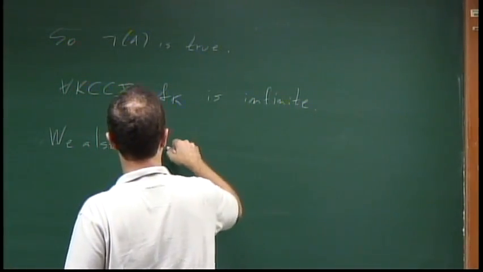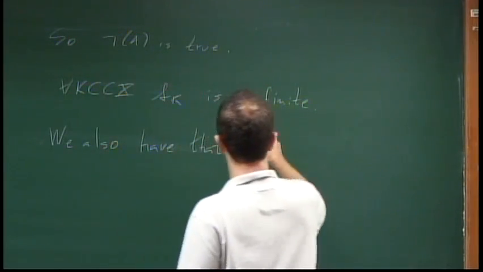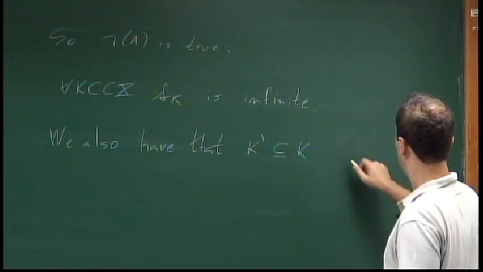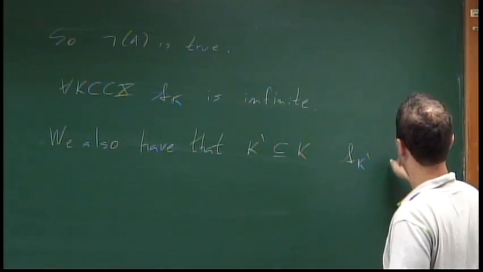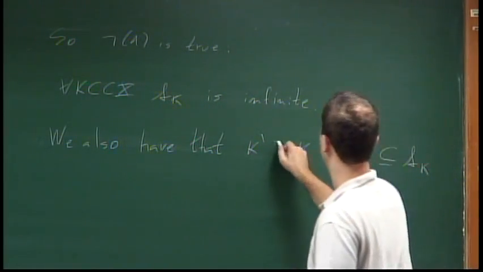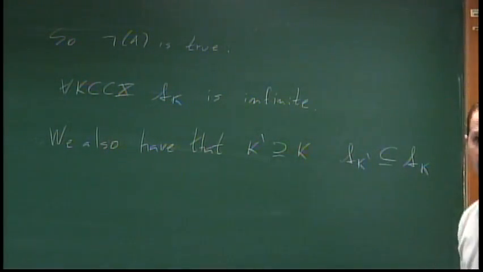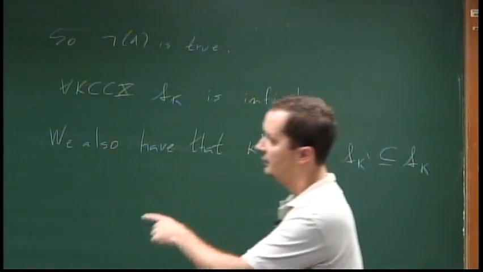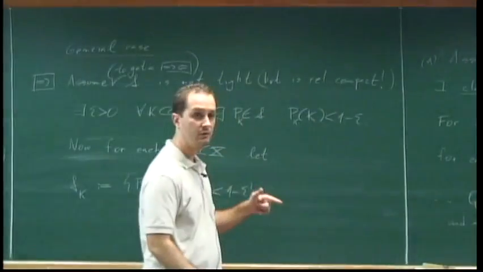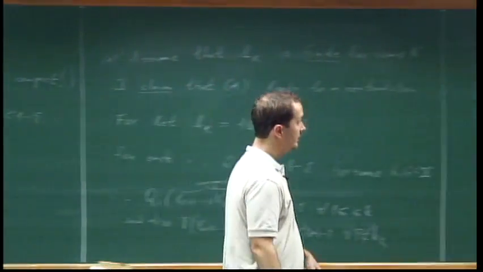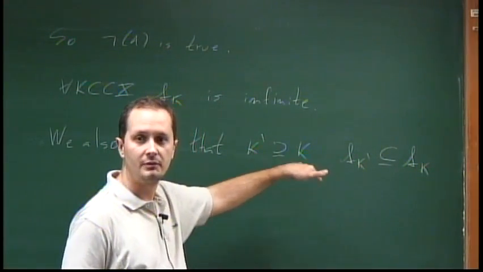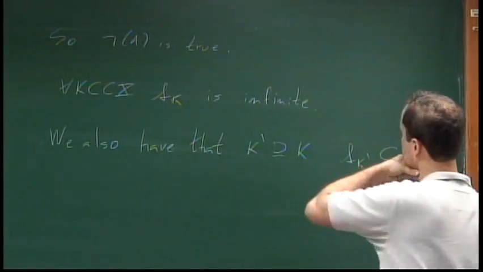We also have that if K prime is contained in K, then S_K is contained in S_K prime. No, sorry, it's the other way around. What is S_K prime? It's the set of measures that put mass less than 1 minus epsilon on K prime. So if P of K prime is less than 1 minus epsilon, certainly P of K is also less than 1 minus epsilon.